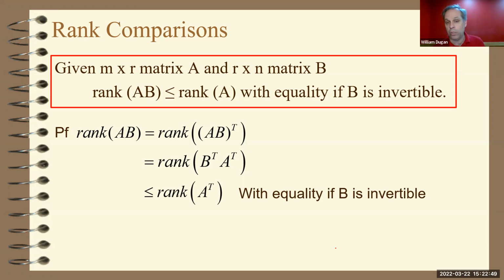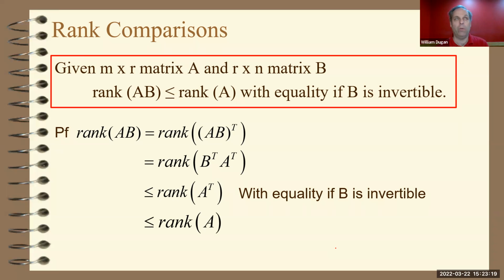So you would get equality if B transpose is invertible. Well, if B transpose is invertible, then B is invertible, from a theorem we have about invertible matrices. But the rank of A transpose is the same as the rank of A, using that statement about transposes again. So you get this nice result that the rank of A times B is no more than the rank of just A, and again, with equality if B is invertible.